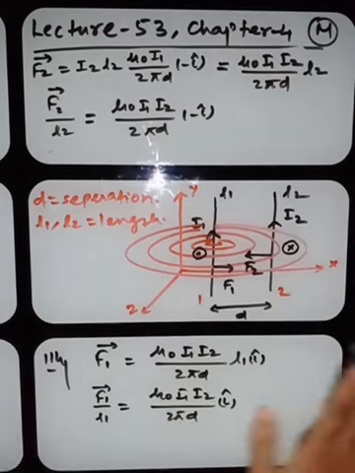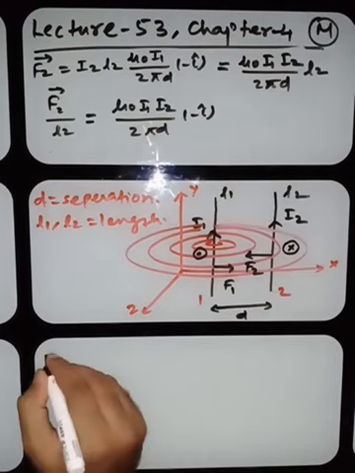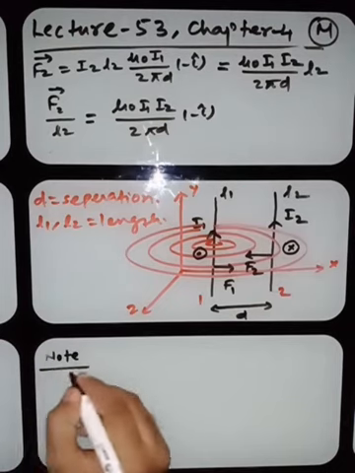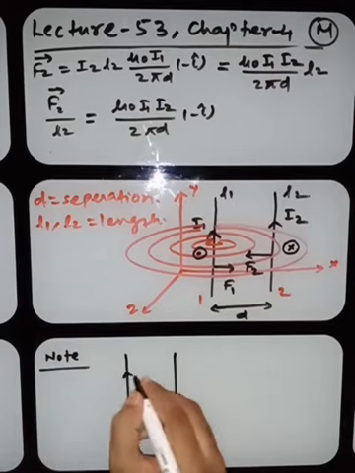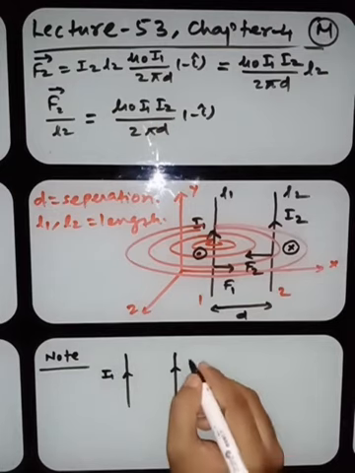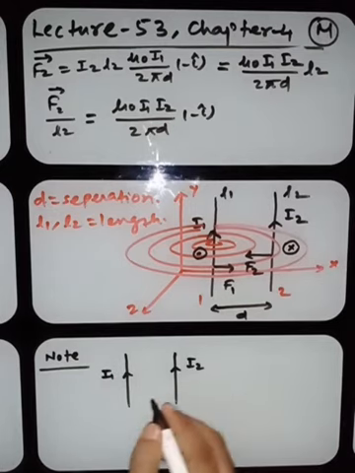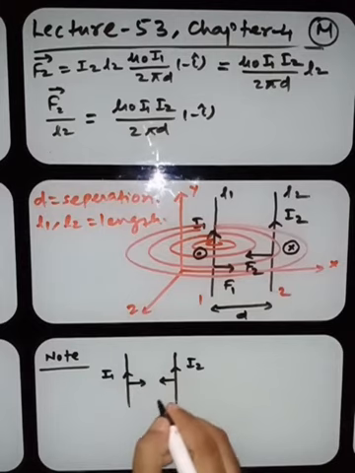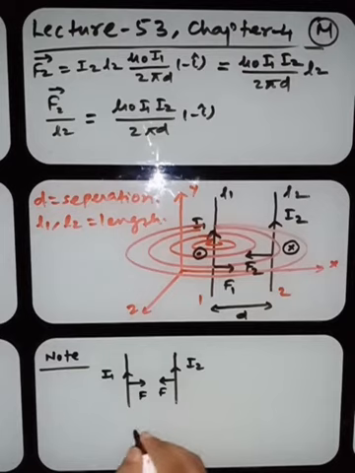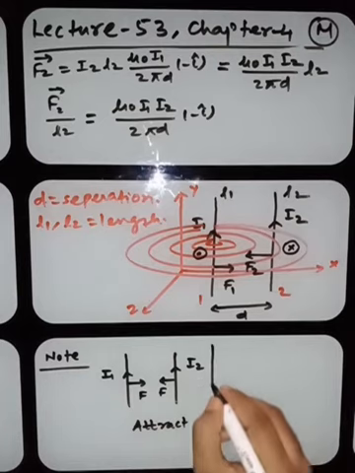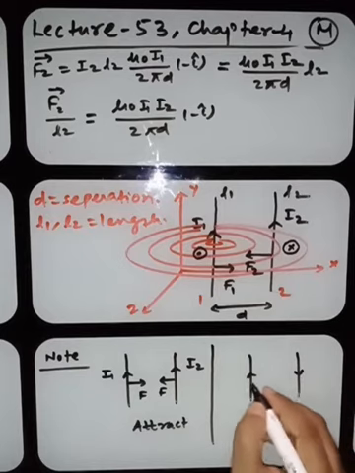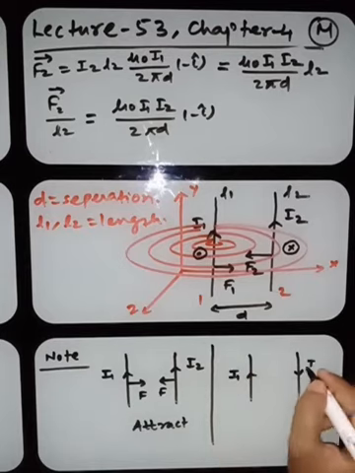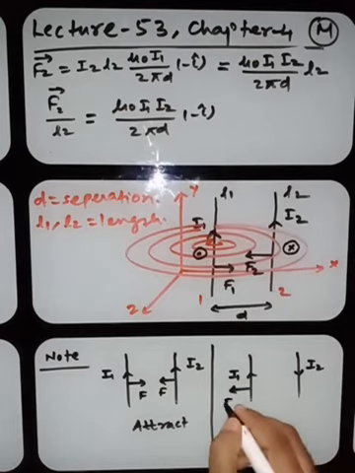Alright, now you will write a very important note point. These two conductors are placed and the currents I1, I2 are flowing in the same direction, so they will attract each other. You should write in the note point, they will attract. But if the currents through the two conductors are in opposite sense, this is I1 and this is I2, then they will repel each other.